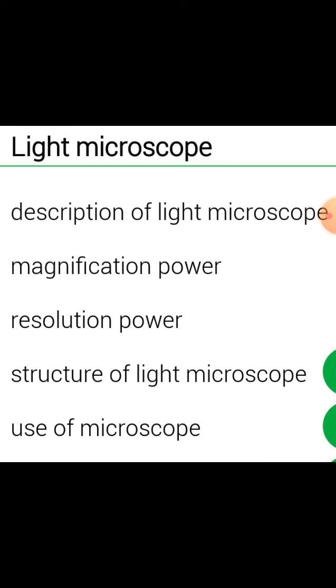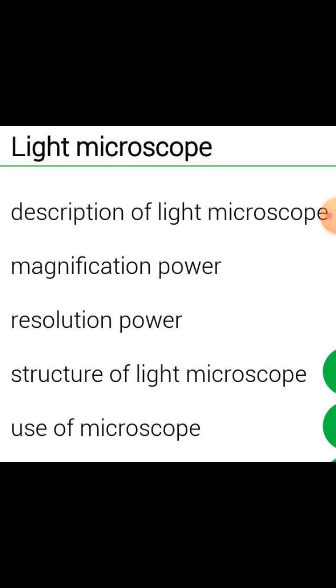Okay. Next, the topic is magnification power. The magnification power of the light microscope is usually 1500x. It's a variable quantity. Okay, the resolution power. As I have already defined magnification and resolution, I don't have to explain again and again.